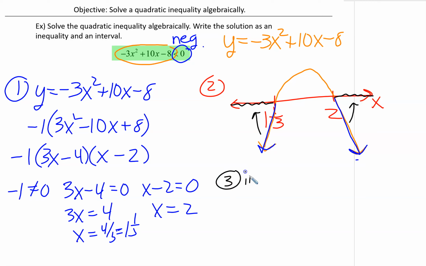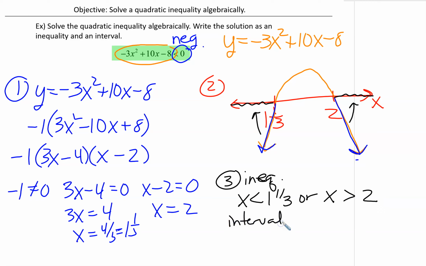So my inequality notation for my solution, these would be two separate intervals. So these are to the left of 1 1/3, so that's less, so x is less than 1 1/3, or these are to the right of 2, so x is greater than 2. And my interval notation would correspond: this would be from negative infinity to 1 1/3 in union with 2 to infinity.